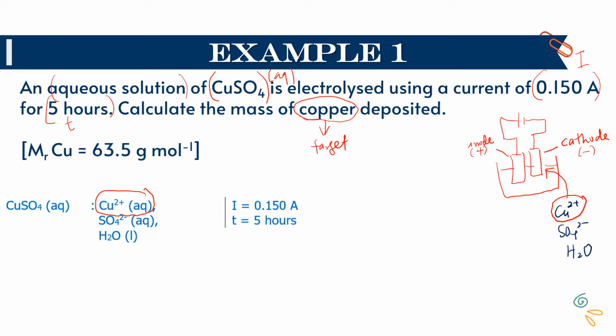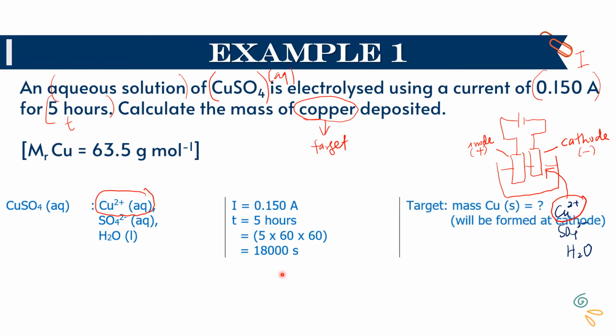And then time. So, time dekat sini untuk mengelakkan awak terlupa untuk tukar masa calculation, tukar siap-siap. It's given in hours, so straight away terus tukar. Jadi 5 jam darab 60 minit darab 60 saat. So, awak akan dapat 18,000 second over here.